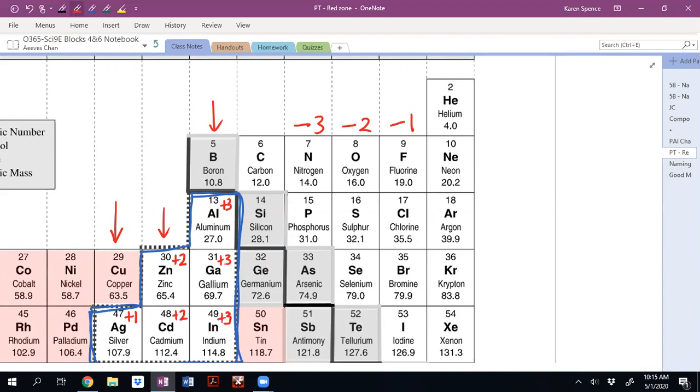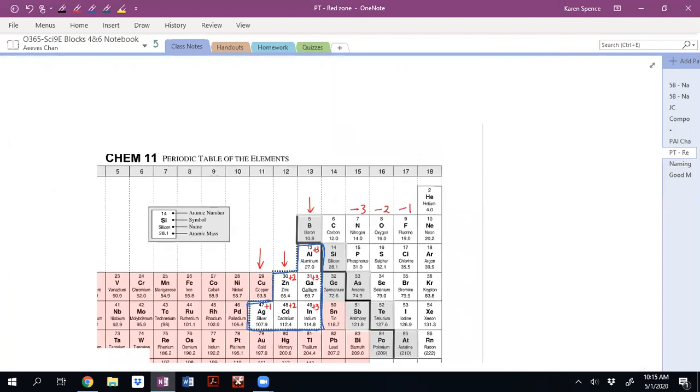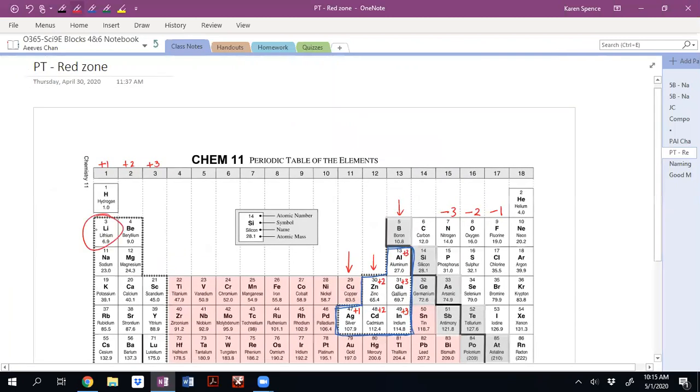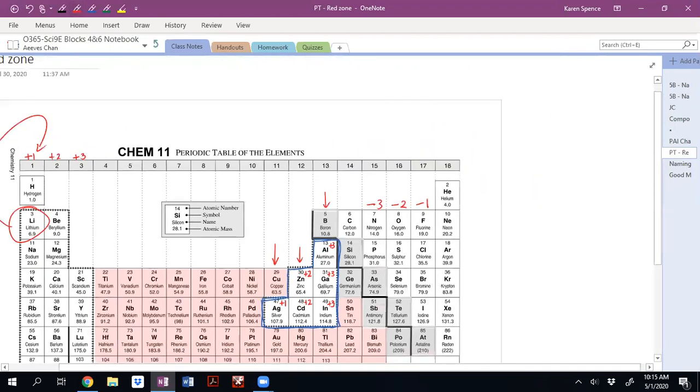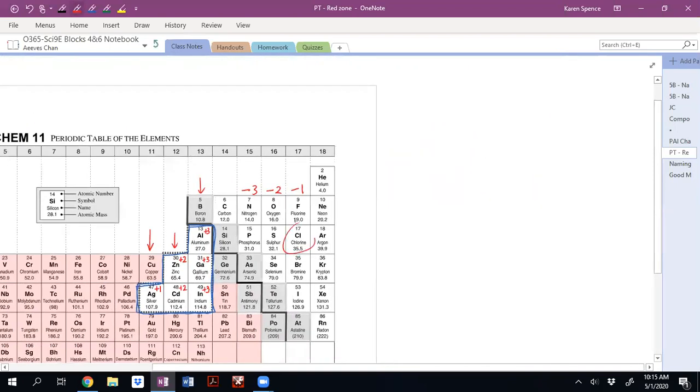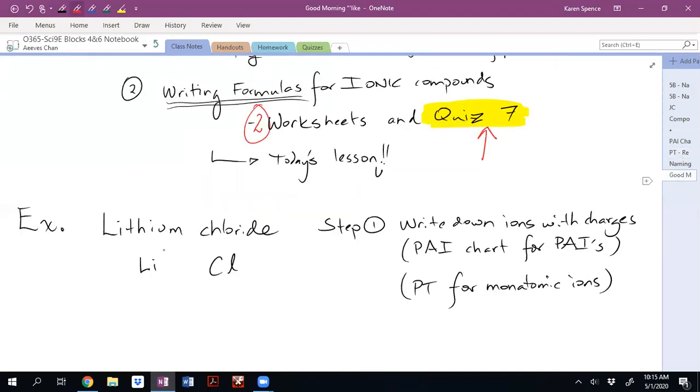Okay, so we were dealing with lithium, and lithium is +1 because it's in group 1. And we're dealing with chloride, which is in column 17, so it is -1. So we will now go back to our question and we'll say, I have lithium, which is +1, and I have chloride, which is -1.